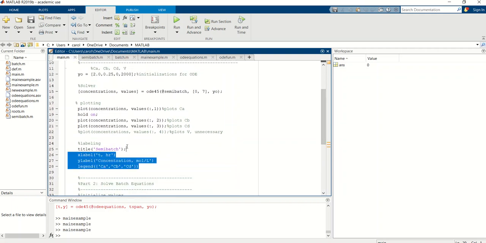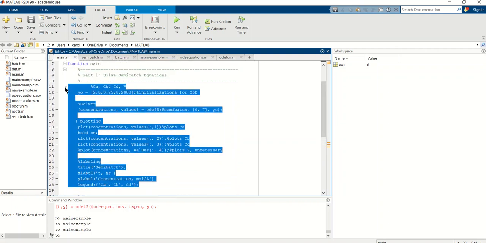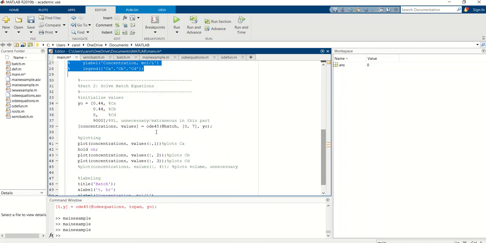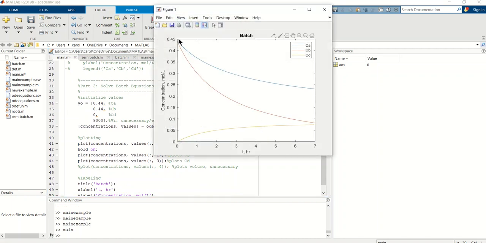I can get rid of this so that we can just look at this graph. And whenever I run this one, you can see the graph that I got, which is different from the graph that Dr. Clausen gave us, but we agreed that this is probably the right answer here.